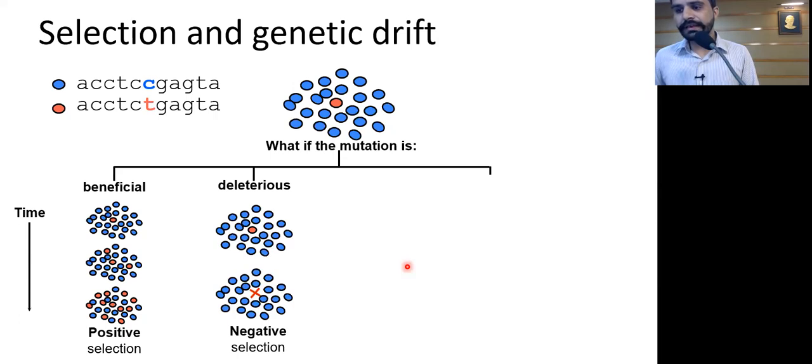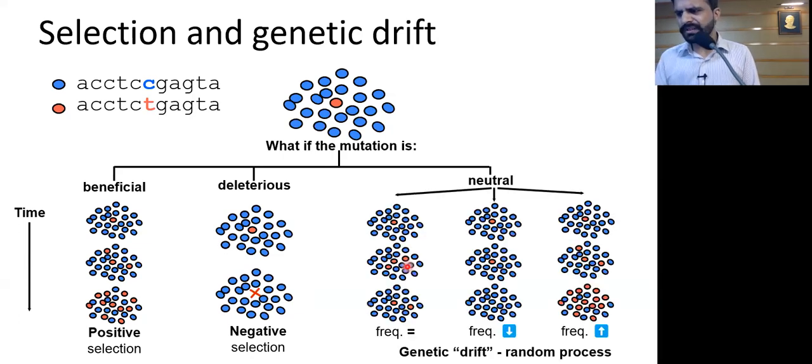And if it is deleterious, it will result in negative selection, and it will sweep out of the population. If there is a neutral mutation, it can increase in frequency, it can decrease in frequency. Because it's a neutral mutation, it does not impact the genotype, it does not impact the trait, and it does not actually affect the selection system.